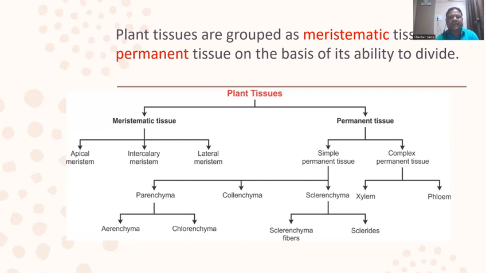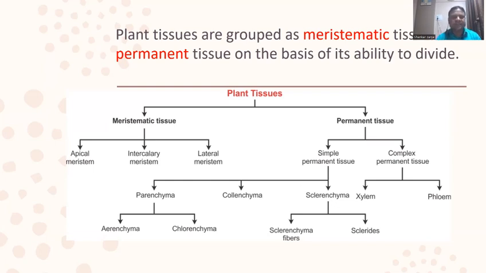Then collenchyma, sclerenchyma is divided into two types, again, sclerenchyma fibers and sclerites. And complex permanent tissue, that is xylem and phloem, water and food conducting tissue. Xylem is a water conducting tissue and phloem is a food conducting tissue. So this is the general outline about the plant tissue.